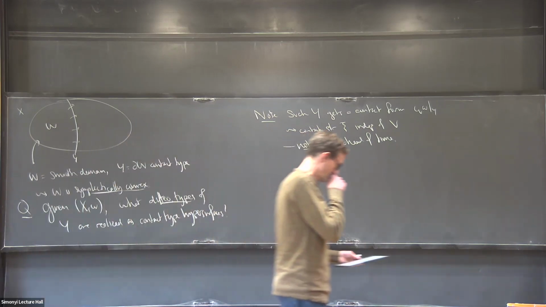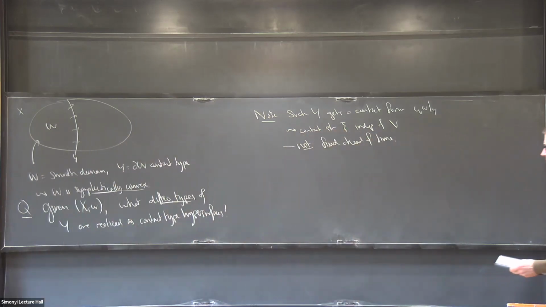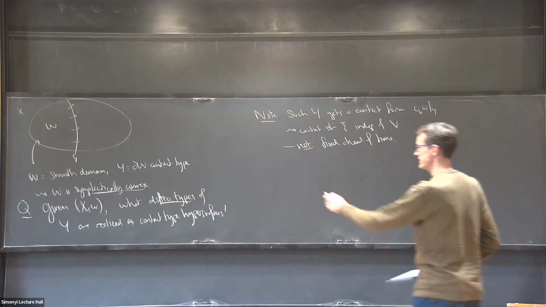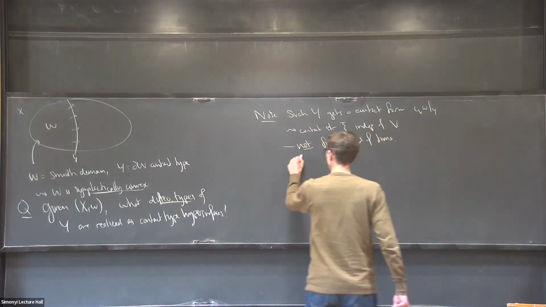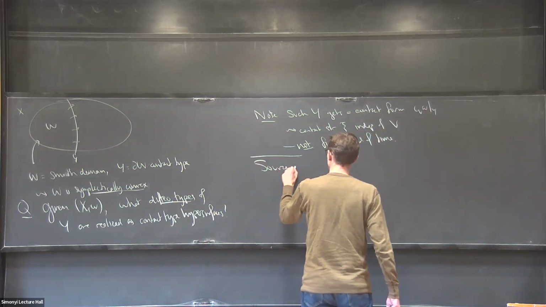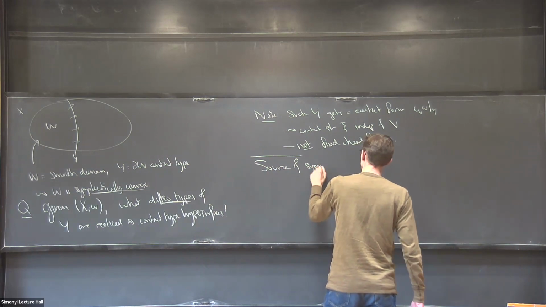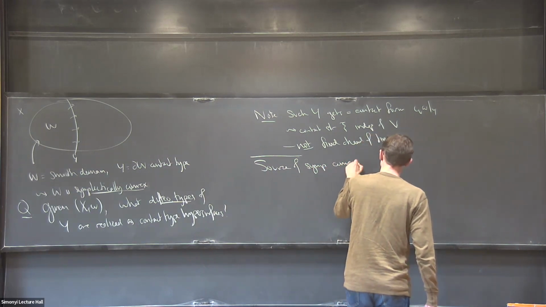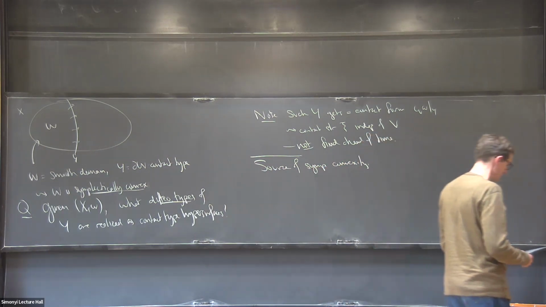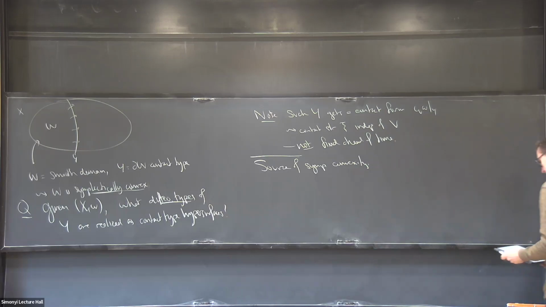Okay, so how can you find such things? Well, one place that you find symplectic convexity would be from complex geometry, in particular Stein domains.